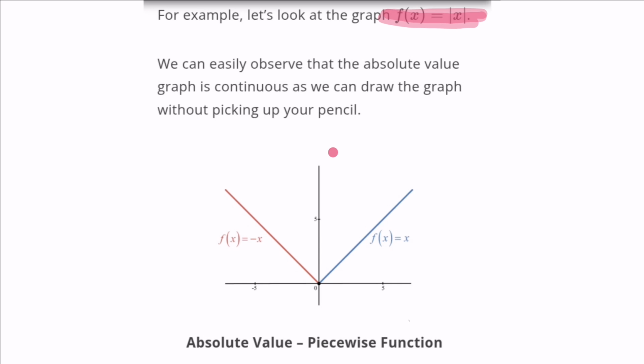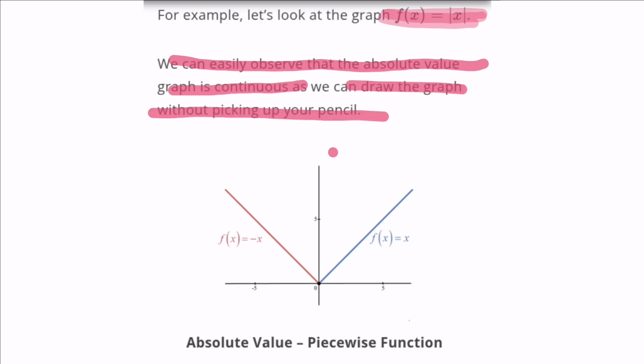We can easily observe the absolute value graph is continuous, as we can draw the graph without lifting the pen. Here are two branches.